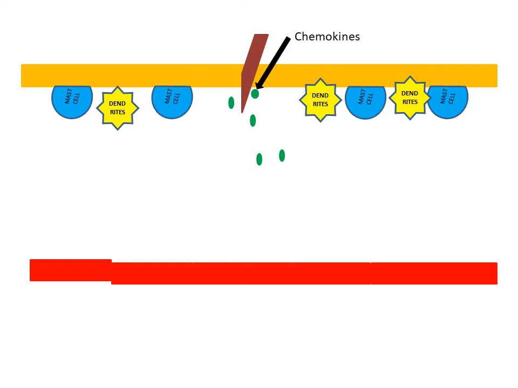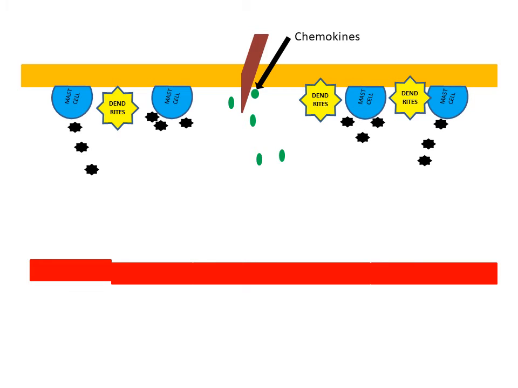Whenever there is release of chemokines from the pathogens, this indication goes mainly to the mast cells. These mast cells release chemicals called histamines. The black ones that I'm showing are histamines. These histamines cause vasodilation.